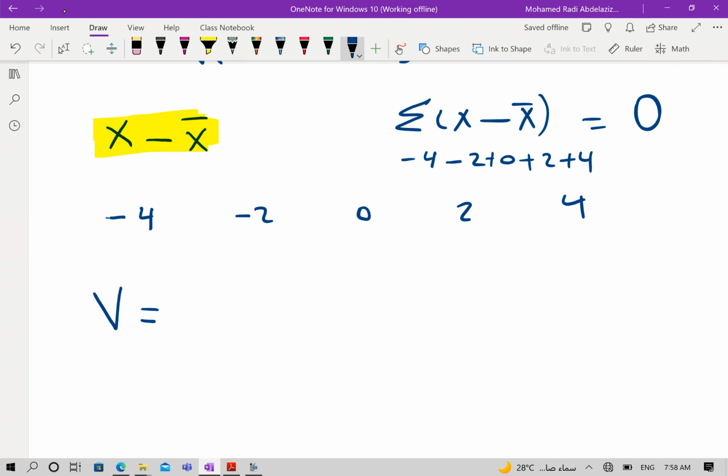How to calculate the variance? Variance is the sum of x minus x bar all squared, divided by n.